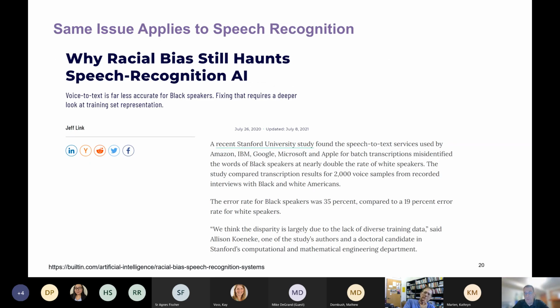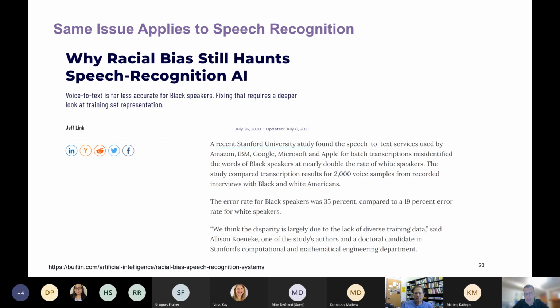The same is true for speech recognition. Again, you train speech recognition based on, in this case, speech samples rather than visual samples. And here again, the error rate for black speakers was 35%, 19% for white speakers. So it might, in this case, not be used to charge a person with a crime, but you try to translate voice to text.